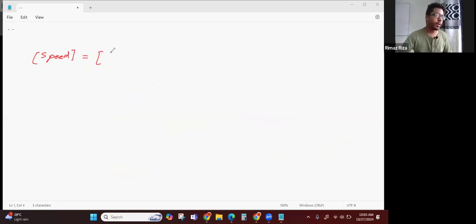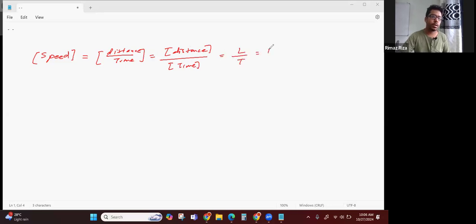The dimension of speed, we know, is distance divided by time. So dimension of distance divided by time. So L over T, L T to the minus 1.